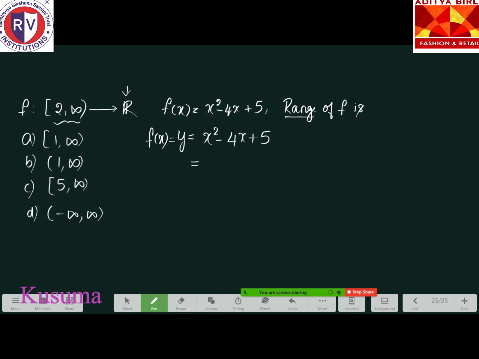Say, how can I do it? I think I can subtract 1, right? So I can make it x square minus 4x plus 5 minus 1. Isn't it? So this will give us y minus 1 is equal to x square minus 4x plus 4. And this is a perfect square, right? This can be written as x minus 2 whole square. Right?